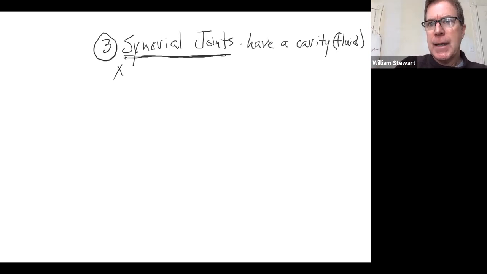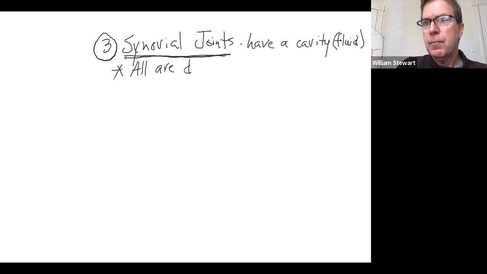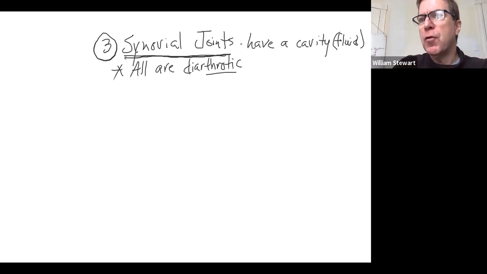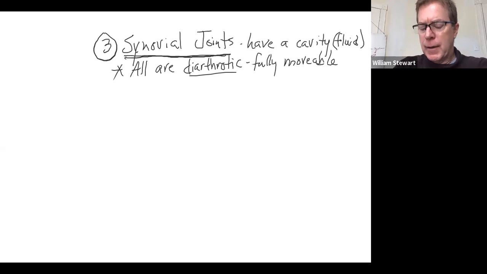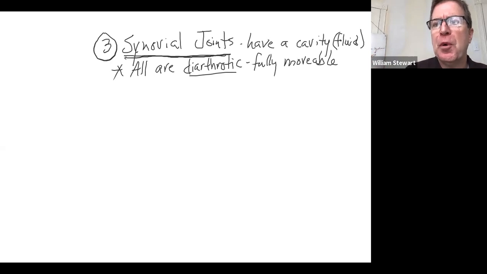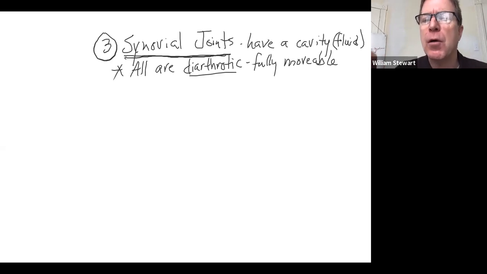Right off the bat, I'm going to say this: all synovial joints are diarthrotic. All are fully movable. Some books say freely movable. Articular cartilage is present at the surface of the bones.